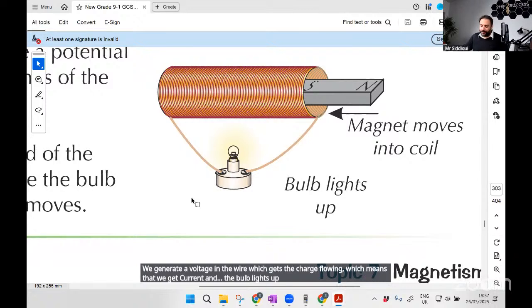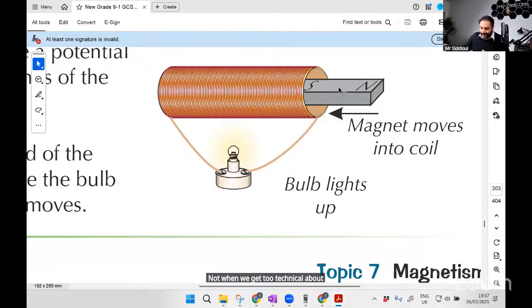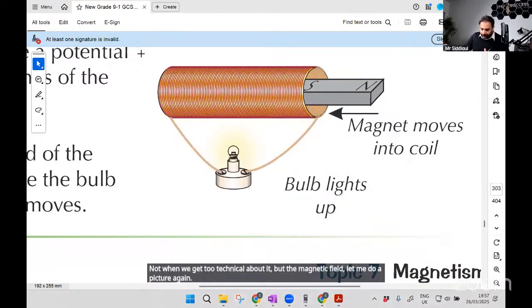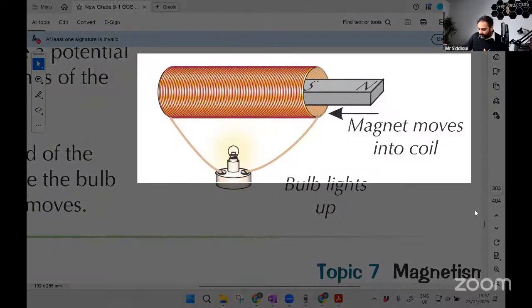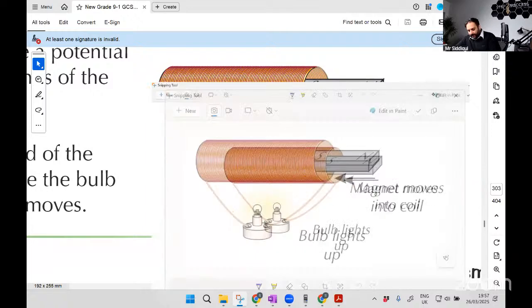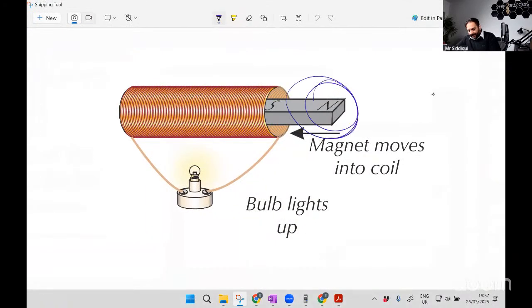But why does that happen? Again, I don't want to get too technical about it, but the magnetic field, let me do a picture again. The magnet has a magnetic field around it.